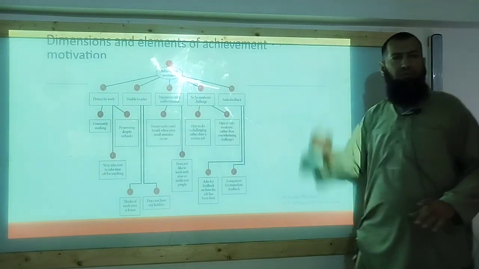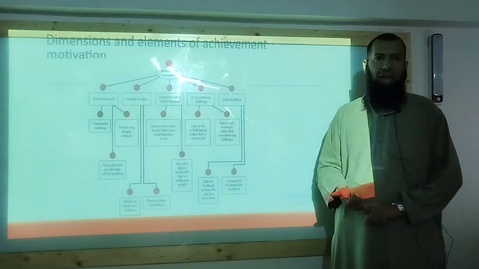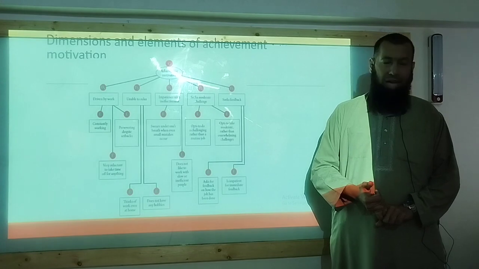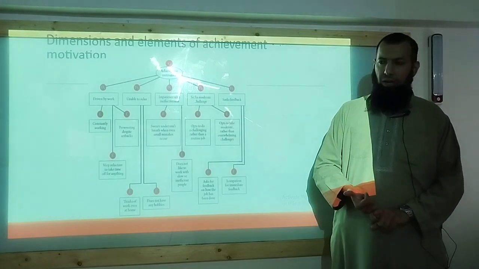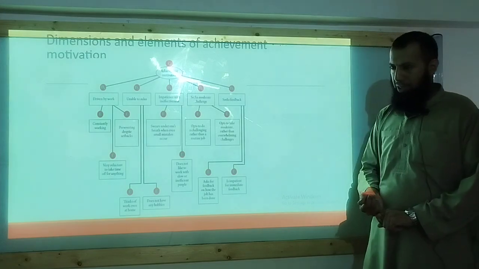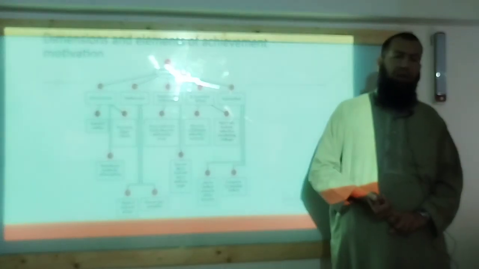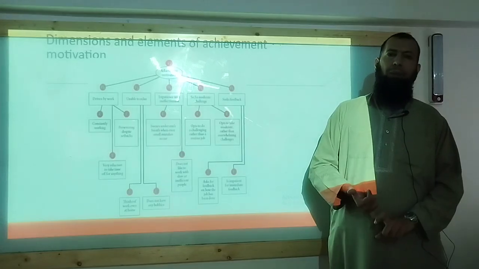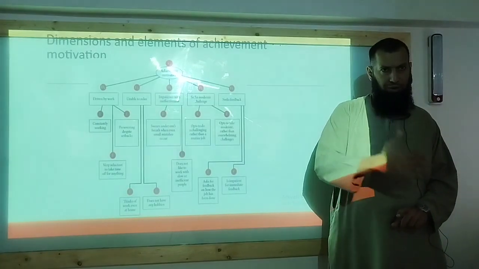I'm repeating myself: any subjective variable may have multiple dimensions, and every dimension may have multiple elements, and every element may have multiple items. So this is basically a tree.